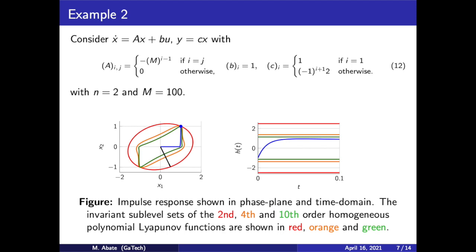This is shown on the lower left in the phase plane and on the lower right in the time domain. Note that as the order of the Lyapunov function increases, the bounds attained using our theorem increase in fidelity and give you better approximations of the true maximum impulse response.